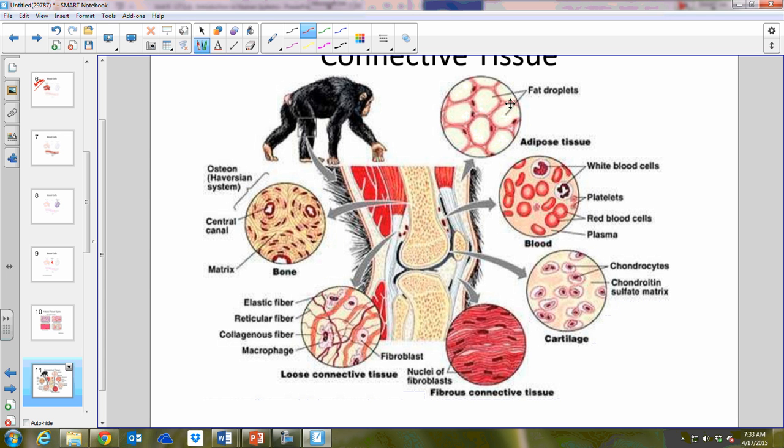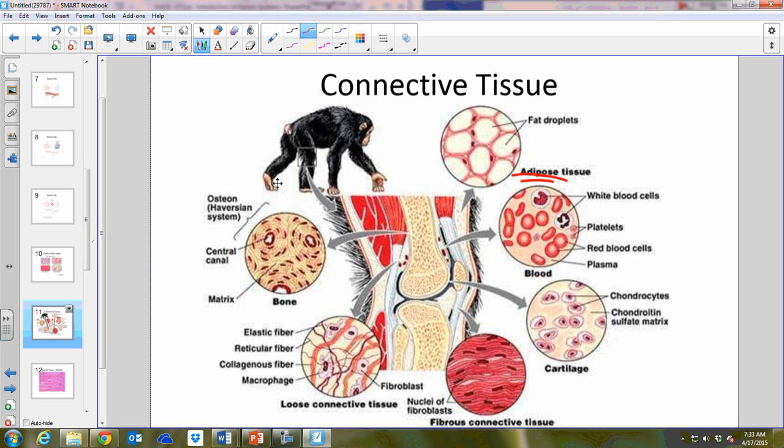And then fat tissue, also called adipose tissue, supports the body as well and has an important function in storage of nutrients. So to sum connective tissue up, it's essentially connecting and supporting the body, keeping the body going.